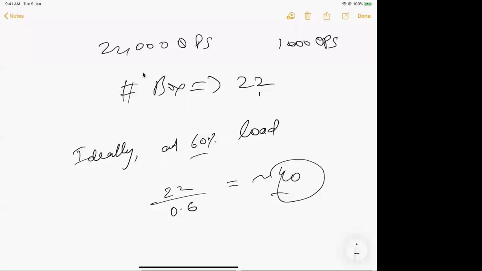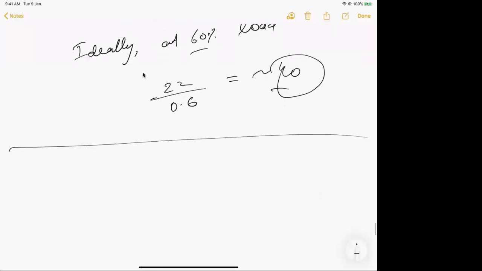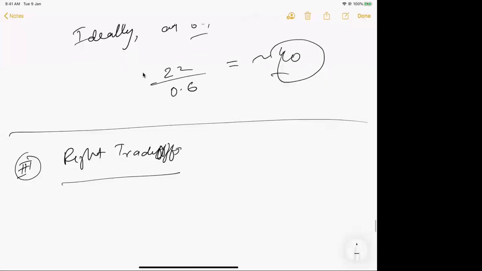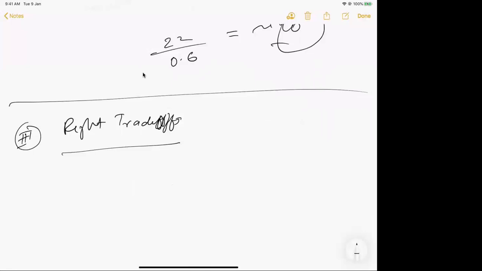Now let's actually come to the third point, which is very important, which is making the right trade-offs. So first of all, let's talk about latency.